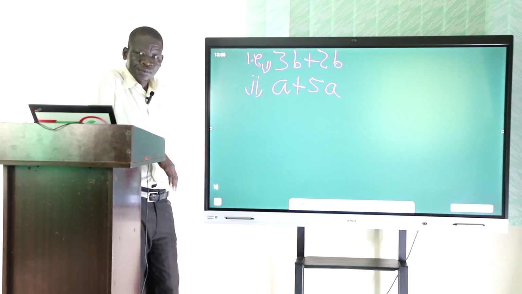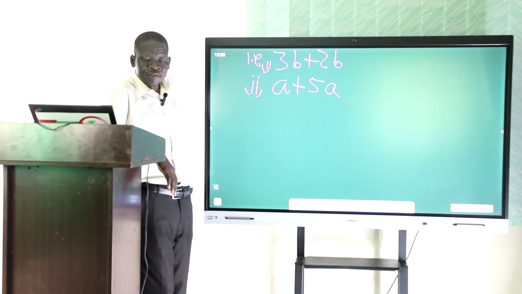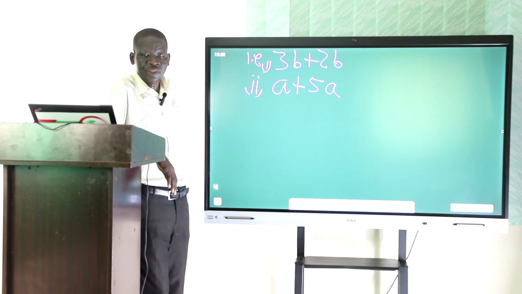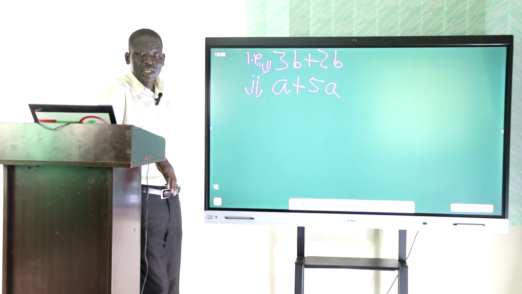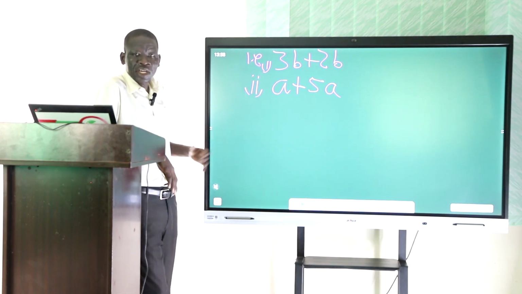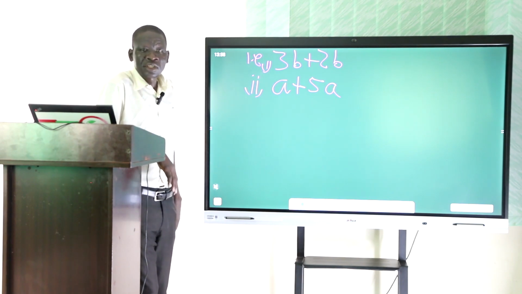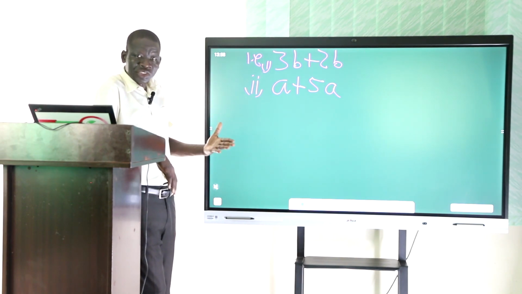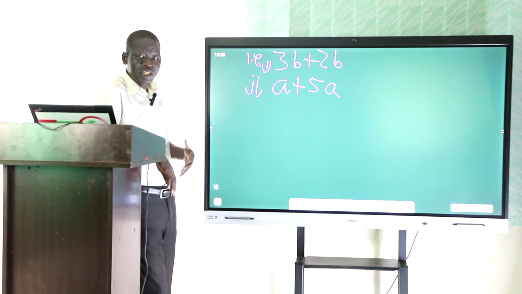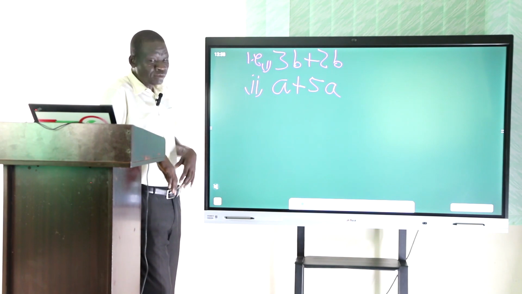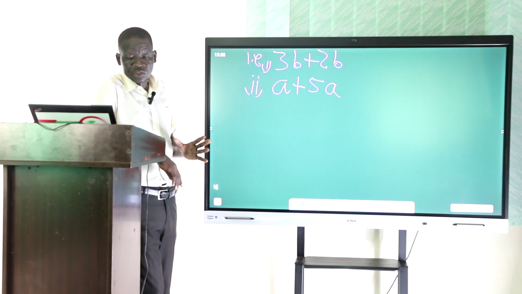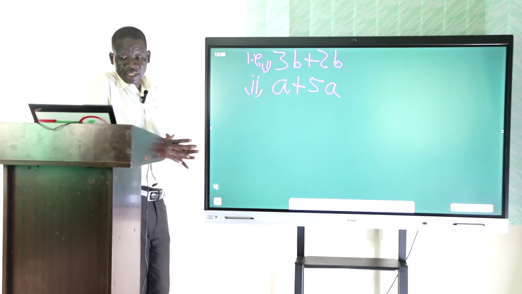Like if I have a number of goats and a number of sheep in a certain farm, when I'm counting them, you will count the goats differently and the sheep differently. We can have 5 goats plus 5 sheep, or 9 dogs plus maybe 3 chicken. Those are unlike what? Terms.